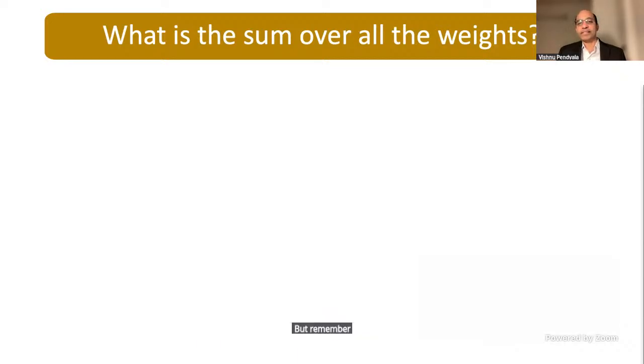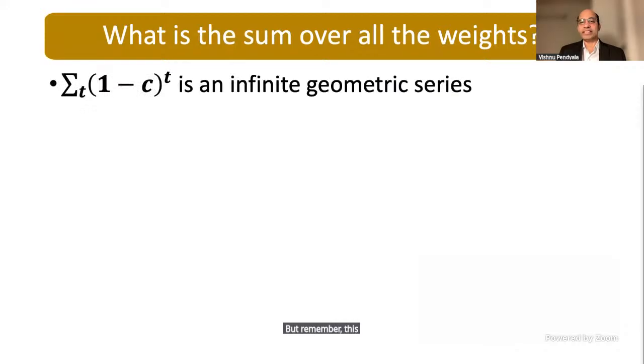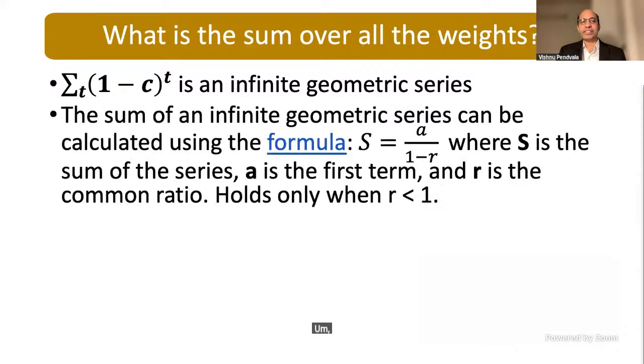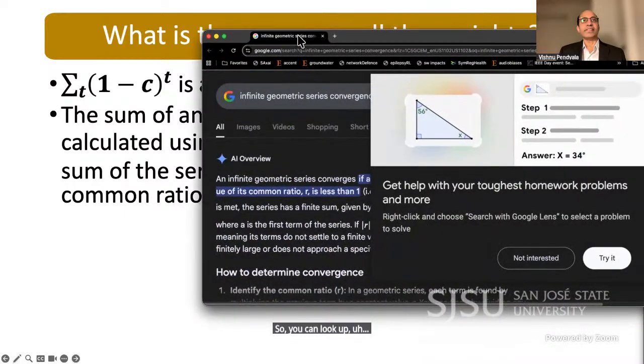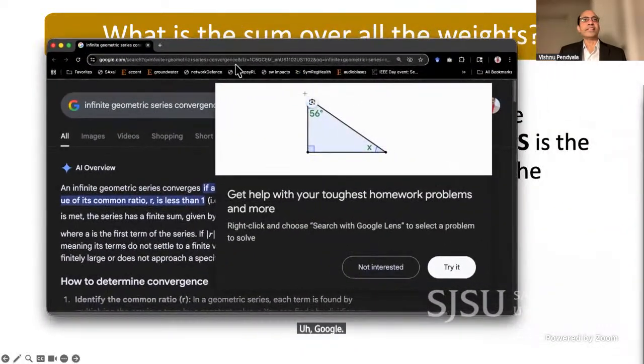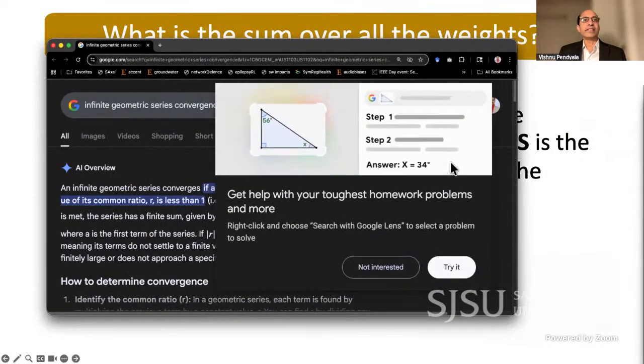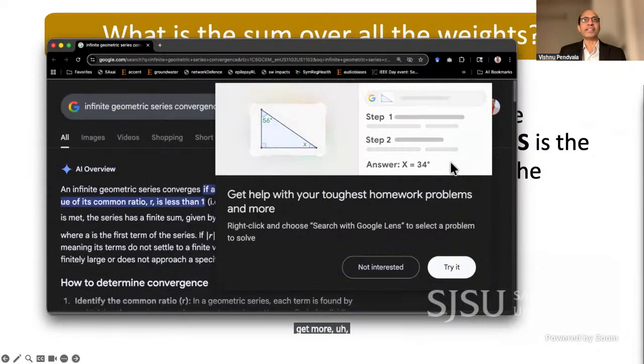But remember, this infinite series is geometric. So it's an infinite geometric series, which can be approximated by a formula. The formula is this. So you can look up Google, get more of the, oh man, it's showing ads.